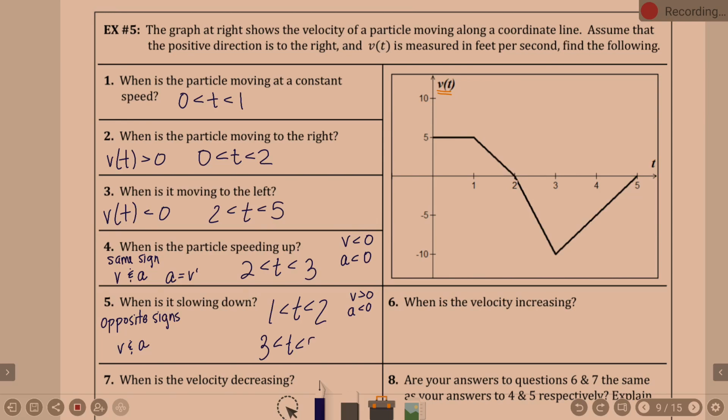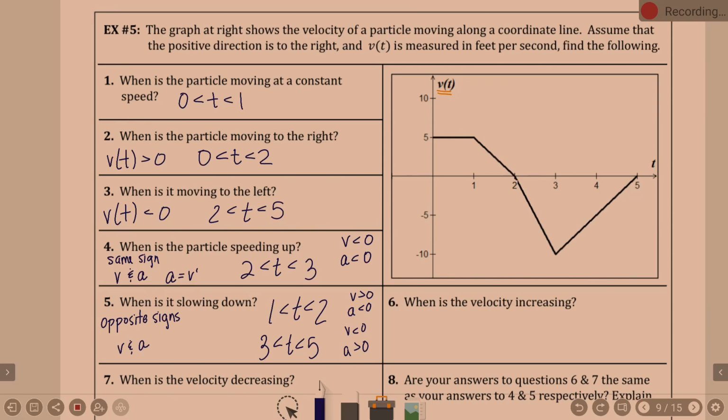So 3 less than t less than 5. That is negative velocity, but increasing function, so positive acceleration. What about 0 to 1? Okay, we can't say speeding up or slowing down because it's a constant velocity, no acceleration.